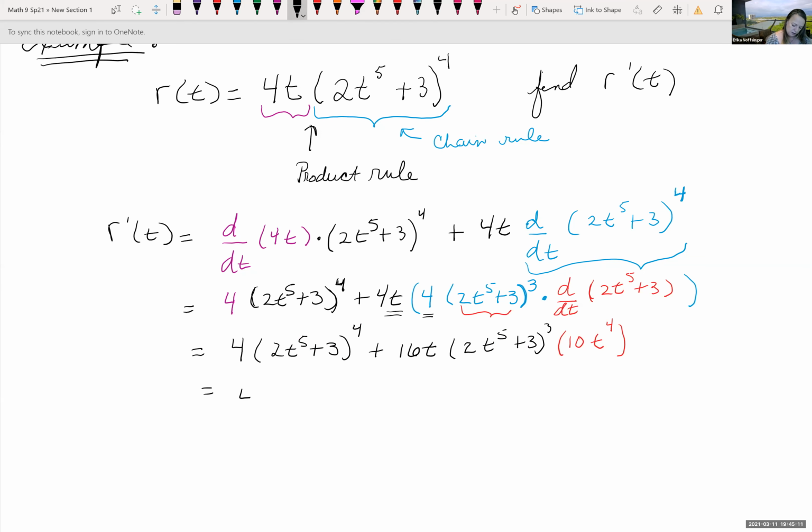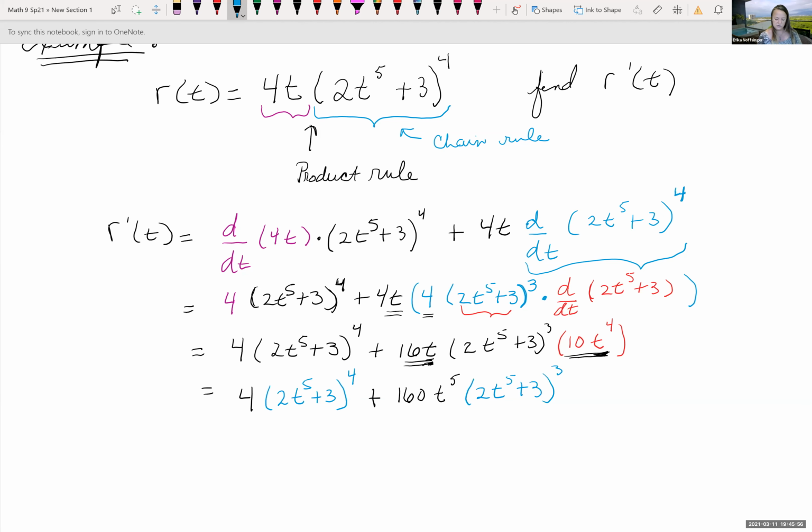Okay, so I have that 4, and this is 2t to the 5th plus 3 raised to the 4th power, plus, just rewriting things for this second grouping, I have a 16t times a 10t to the fourth. Well, 16 times 10 is 160. And using rules of exponents, t times t to the fourth, add our exponents, we get t to the fifth power. All times that parentheses 2t to the fifth plus 3 cubed.